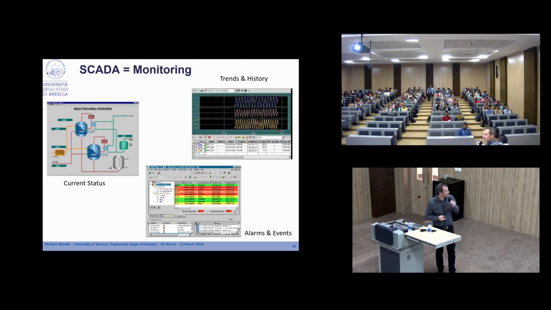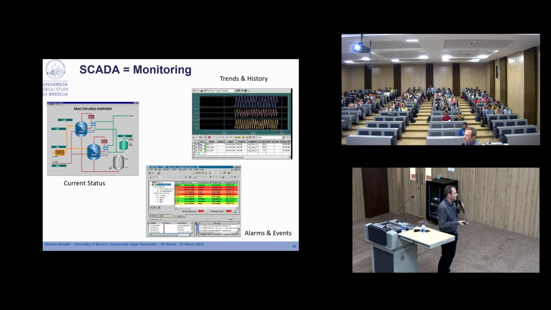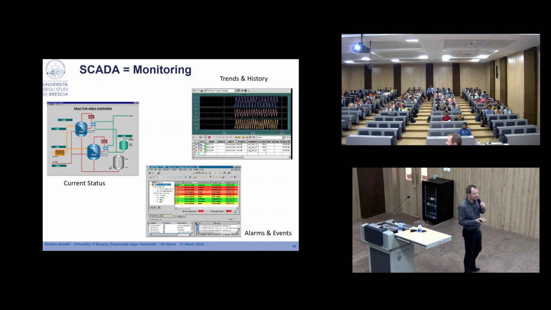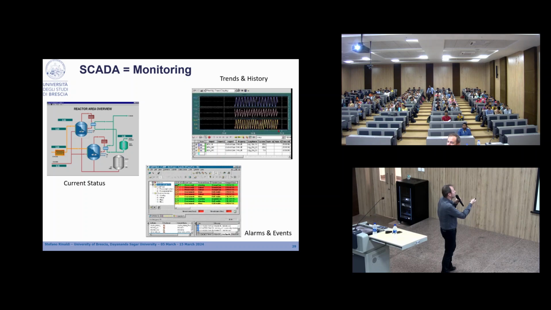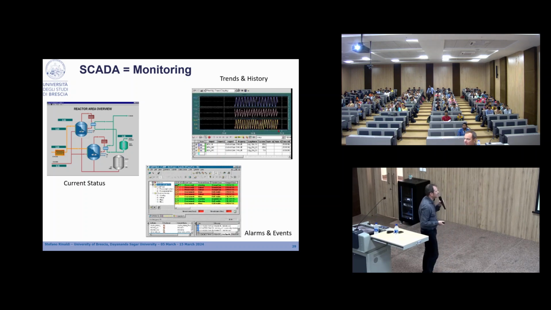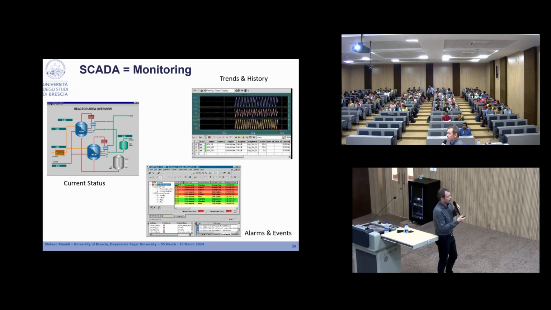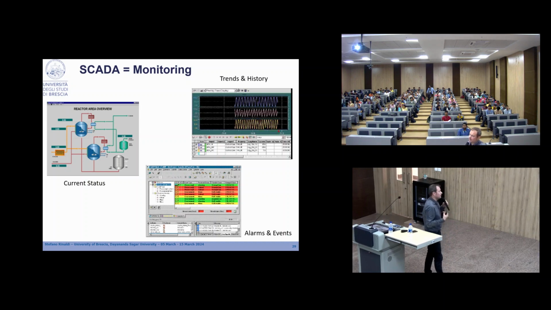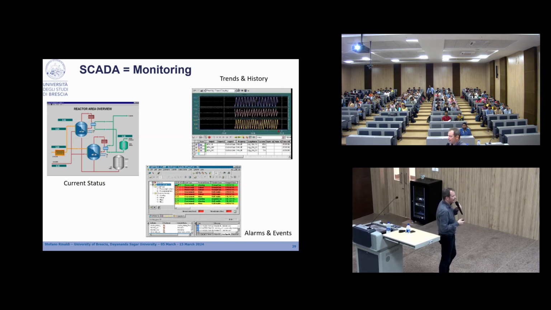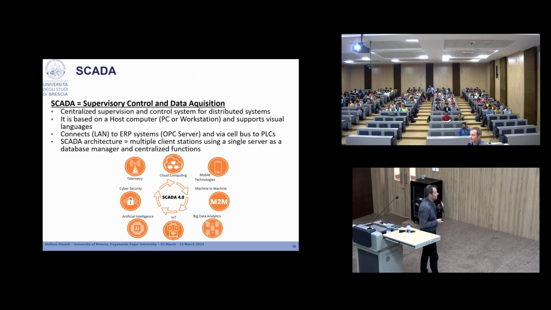Of course, basically the functionality of a SCADA system is to provide information about the current status of a plant, for example, the current level of the water in each tank, like in this picture, to analyze the historical data and to provide information regarding alarms and events.